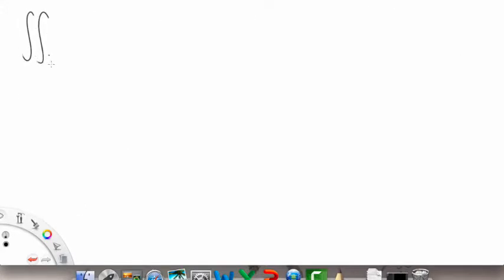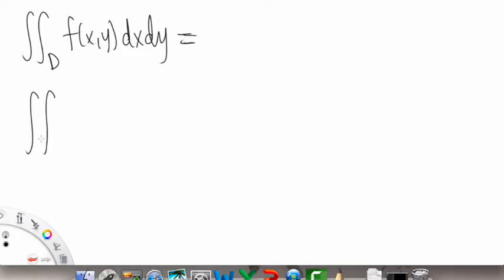So if we're trying to calculate the double integral over D of f of x comma y dx dy, this is going to equal the double integral, and now we're switching into uv, so the big change of variables happening here is going from xy back to uv.